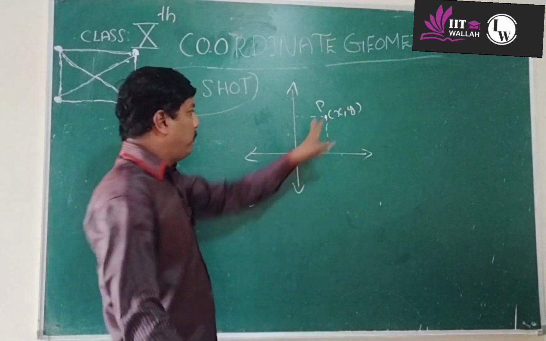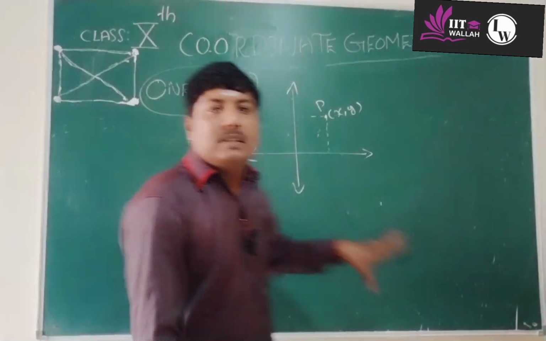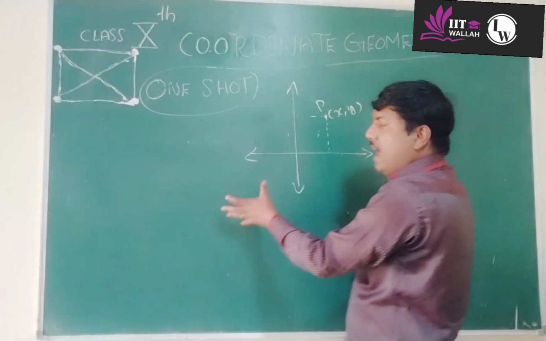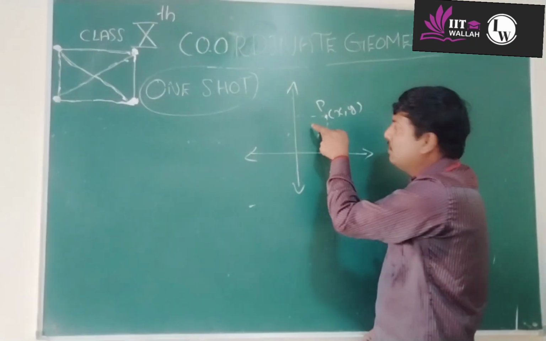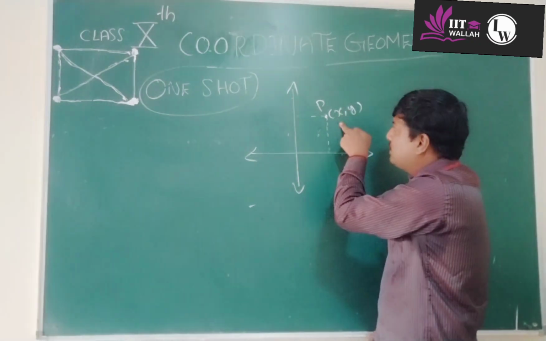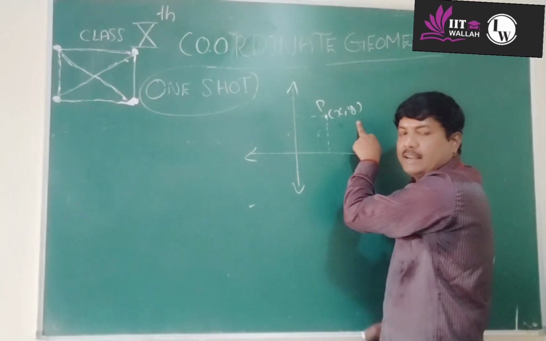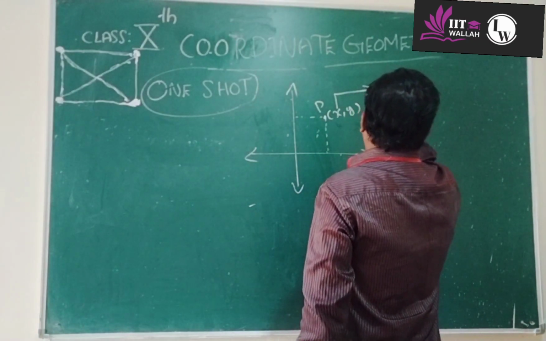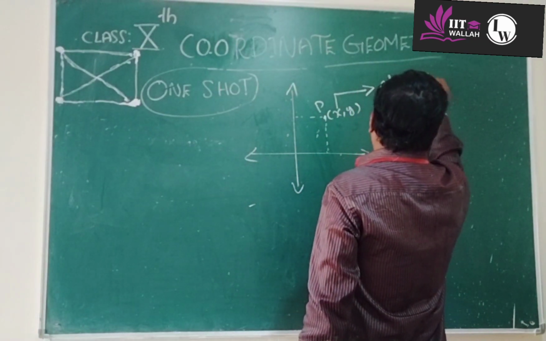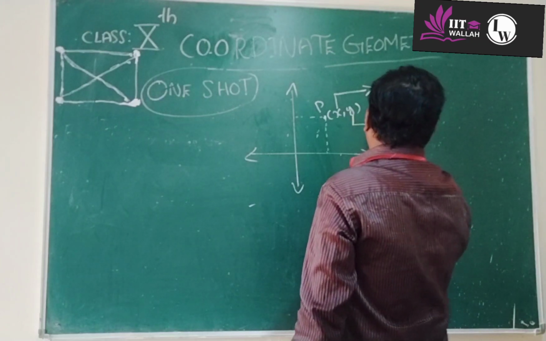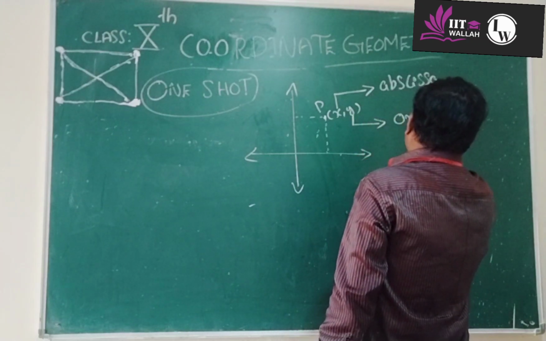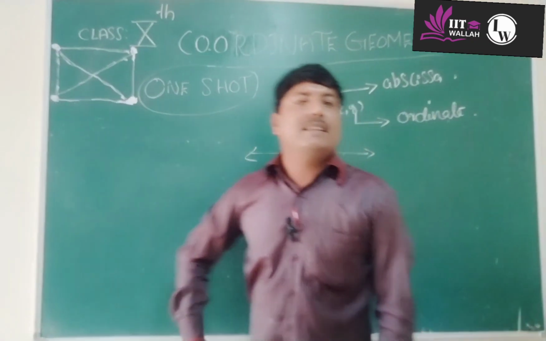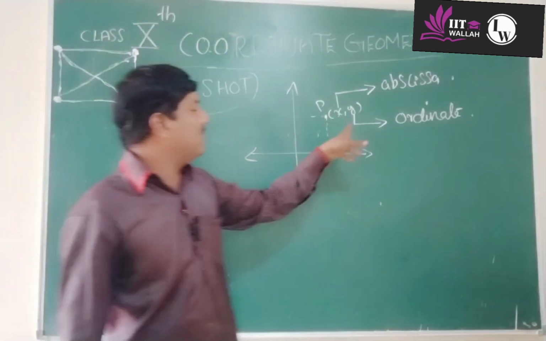Suppose this point is P. Any point on a plane will have an x coordinate as well as a y coordinate. The x coordinate is called the abscissa, and the y coordinate is called the ordinate.